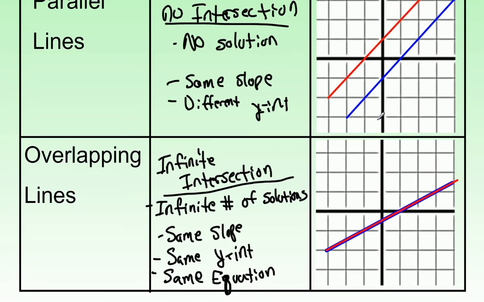And then, if they have the same slope, just check, do they have the same y-intercept? Are they on top of each other, or are they separate from each other? If they have a different y-intercept, they're parallel. There's no solution, because they're never going to intersect, they're never going to touch. If they have the same y-intercept and same slope, they're overlapping, which means there's an infinite number of solutions because they're on top of each other, so they intersect everywhere along that line.